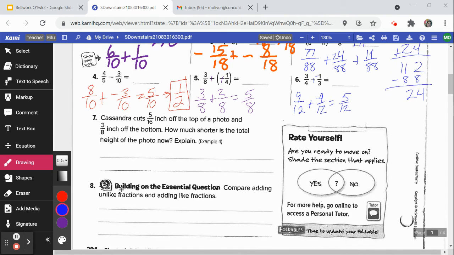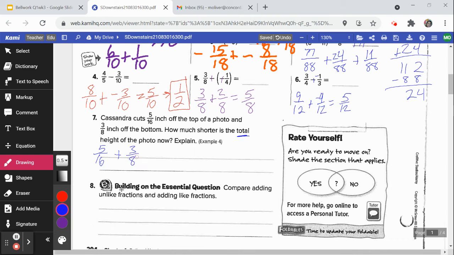Cassandra cuts 5/16 off the top of a photo and 3/8 off the bottom. How much shorter is the total height of the photo now? Okay, so we're going to put these as addition because it says total. So that's my key word.